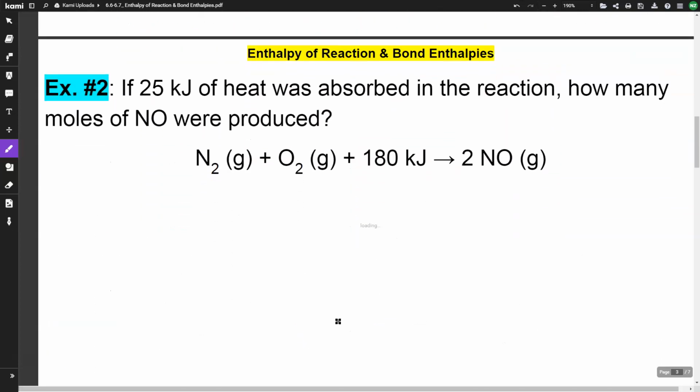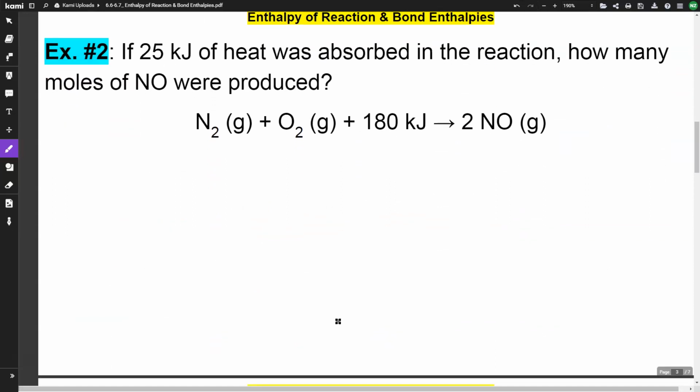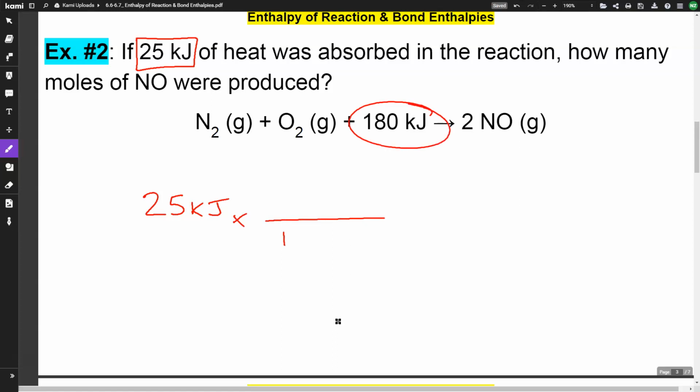All right. Next example. If 25 kilojoules of heat was absorbed in the reaction, how many moles of nitrogen monoxide were produced? This one's a little bit different because it's giving us the energy instead of the moles. But we're going to approach it the same way. So we have 25 kilojoules, and we know from our reaction that we need 180 kilojoules.